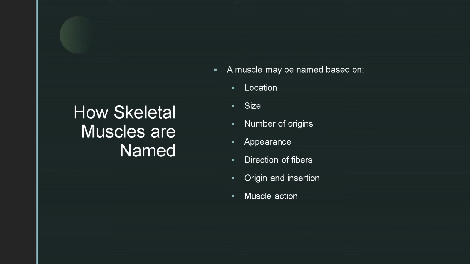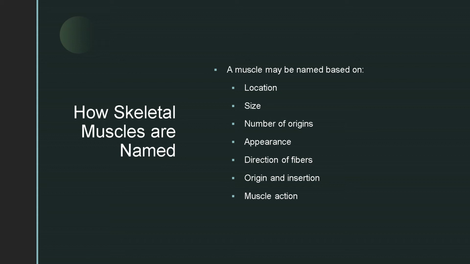So let's briefly discuss how skeletal muscles are named. Most of the names of these skeletal muscles contain combinations of the root words by their distinctive features. So this works in two ways.